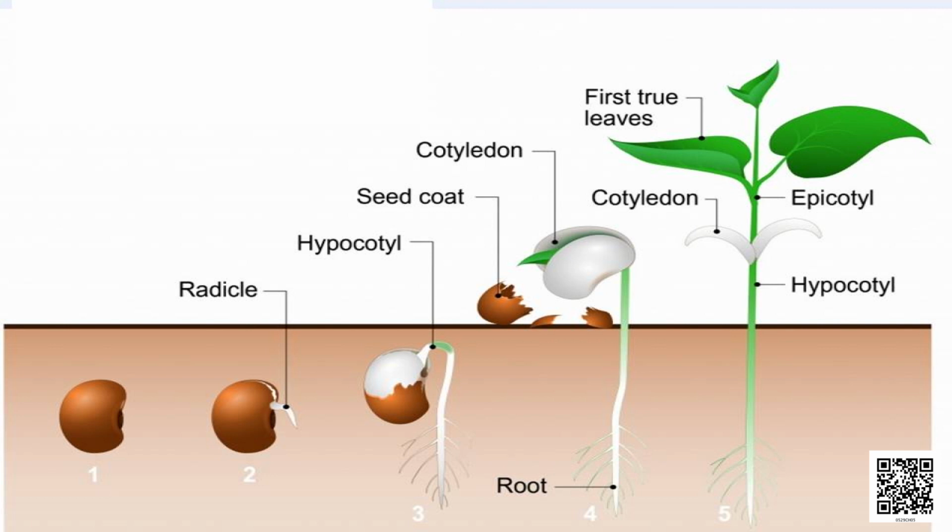Now after that the seed comes out of the soil and the seed coat gets destroyed and the cotyledon is formed. The cotyledon of the seed which we saw in the previous slide, we saw the cotyledon. So this is the cotyledon which is formed and from the cotyledon emerges the true leaves.